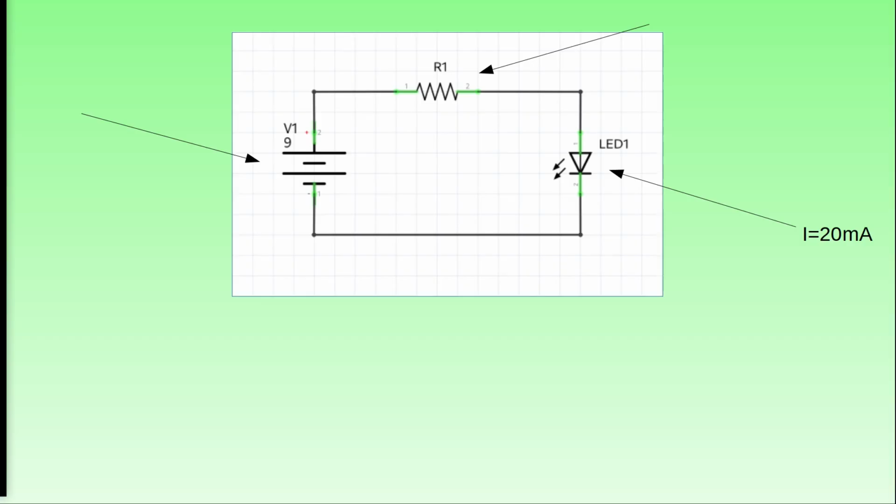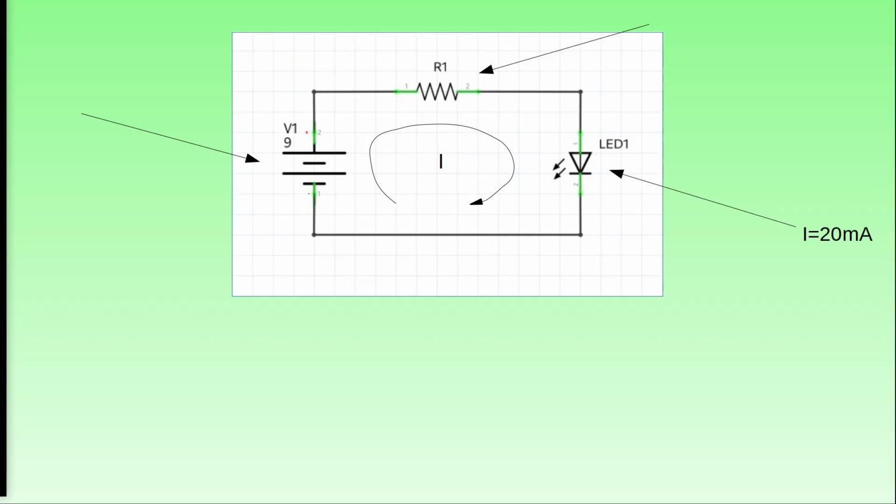Since the three components are all in series, the current will be the same through all of them. Since we want a 20 mA current through the LED, then also the resistor will be traversed by a current of 20 mA. Additionally, the voltage across the resistor is given by the difference between the voltage value on the left and the one on the right.